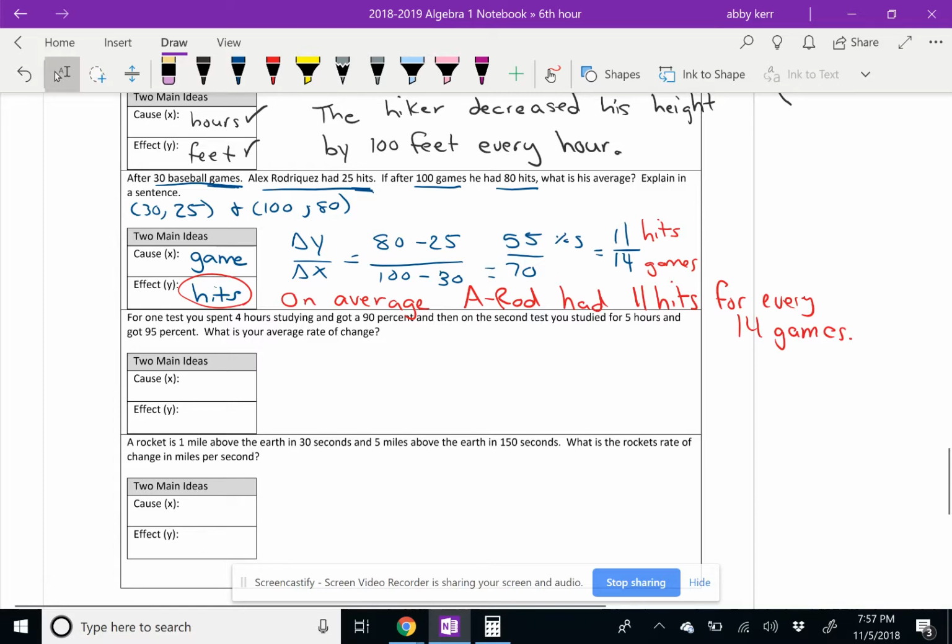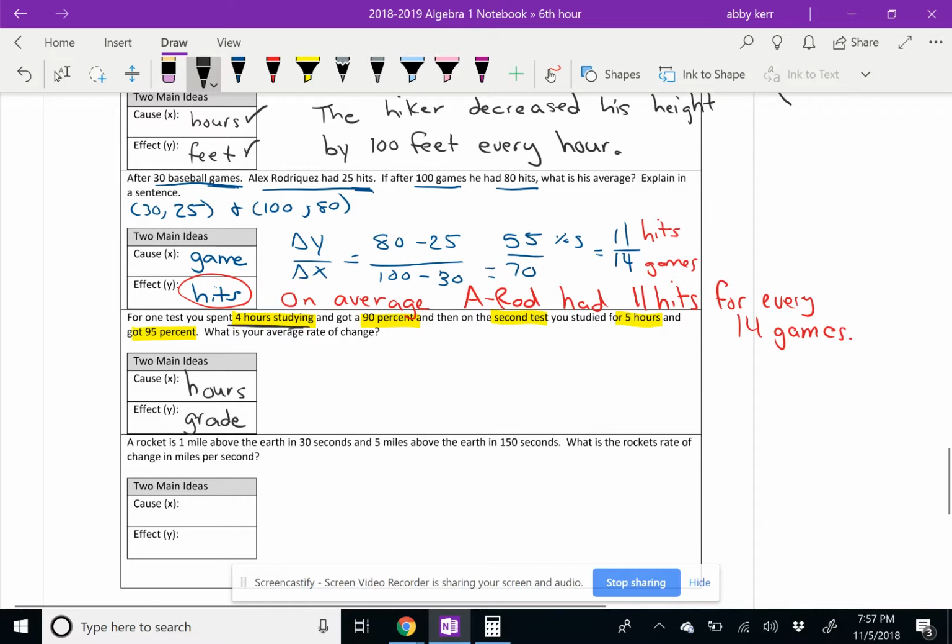For the third one, it said for one test you spent 4 hours of studying and got 90%. On the second test, you got 5 hours of studying and you got a 95%. So do the hours cause the grade, or does the grade cause the hours? In this case, the hours cause the grade. So you want to set it up x, y.